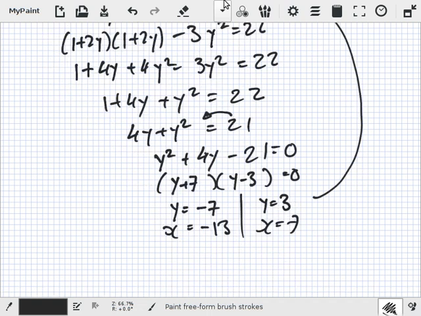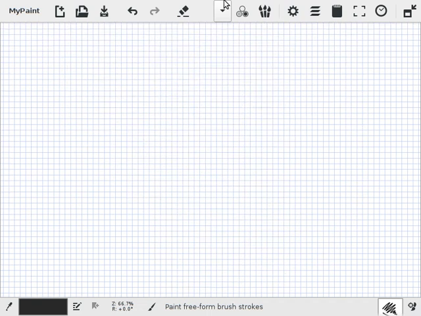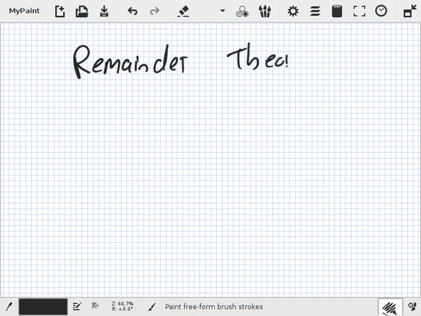Alright, can I scroll down? Did we do division, long division last time? We did, yeah. But did we do the remainder theorem? I know we did remainder, but did we do the remainder theorem? I don't think we did. So, let me just explain.